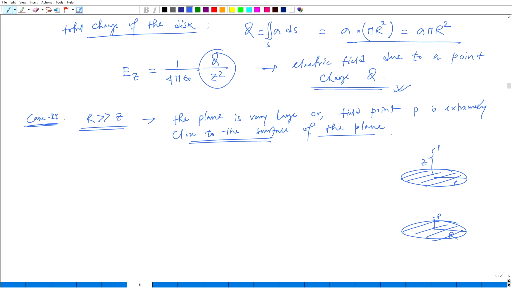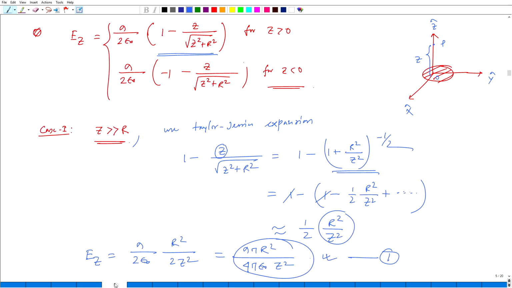The electric field in this limit, we use the vector notation, E vector becomes sigma over 2 epsilon naught k cap. k cap means the z cap, the unit vector in the z direction, and this is i cap and this one is j cap.